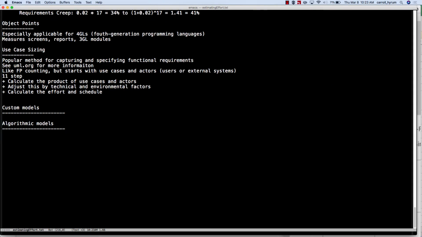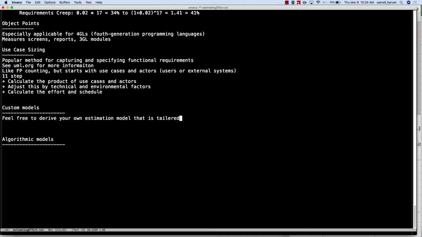Okay, let's talk about custom models now. So you might feel like, you know, these are good, I have my preference on estimating size, but I've been doing this for 10 years, I feel like I've got a good grasp on it, so you could feel free to derive your own estimation model that is tailored for your environment or organization.